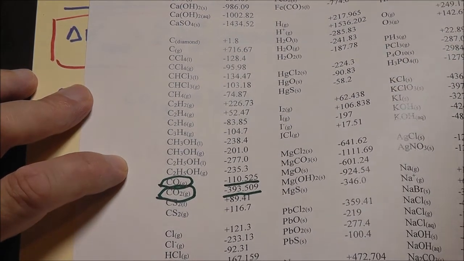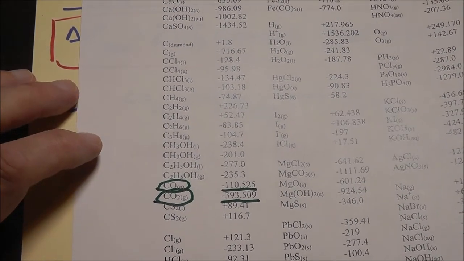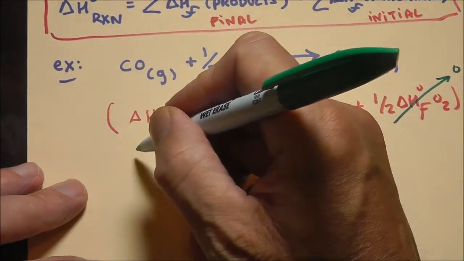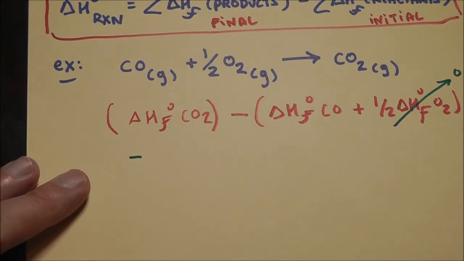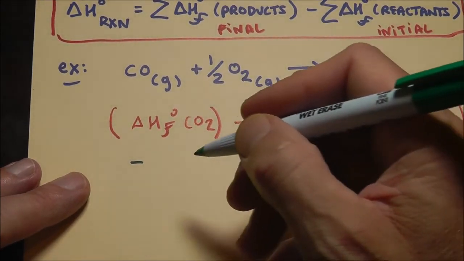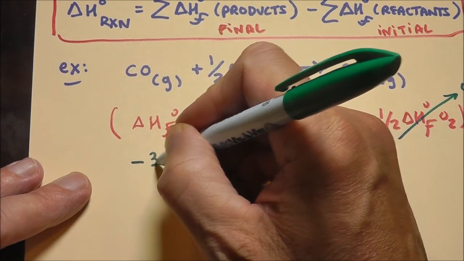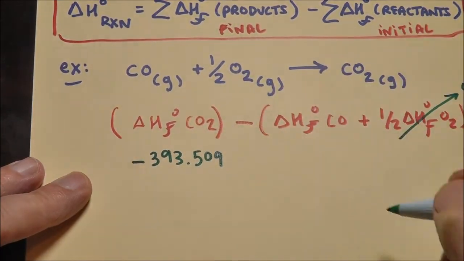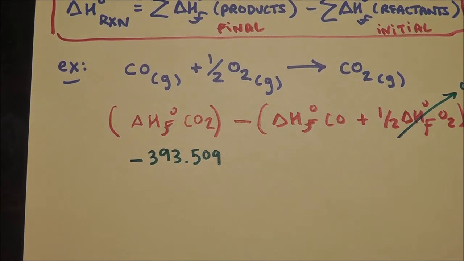So watch out, this is kind of like energy accounting here. And you've got negative signs. A lot of compounds have negative delta Hs, so you've got to be careful. Minus 393.509. I'll leave the units off. It's all in kilojoules per mole.